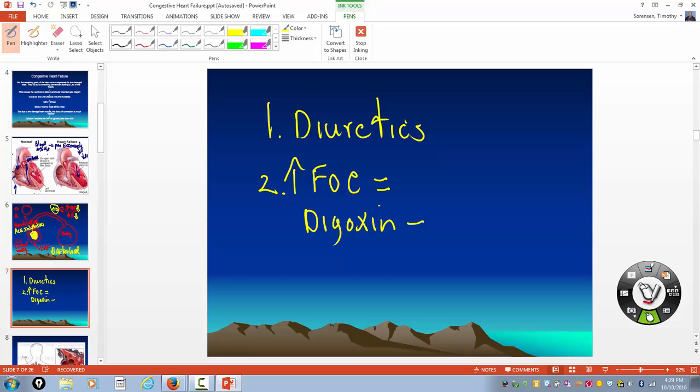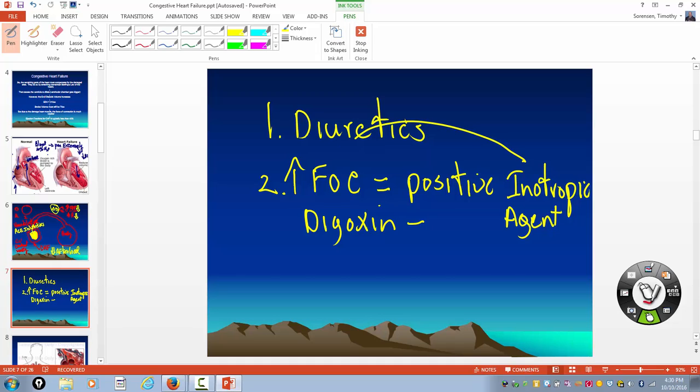Another big fancy term for increasing the force of contraction is that it is a positive inotropic agent. Inotrope refers to the force of contraction. So digoxin is a positive inotropic agent.